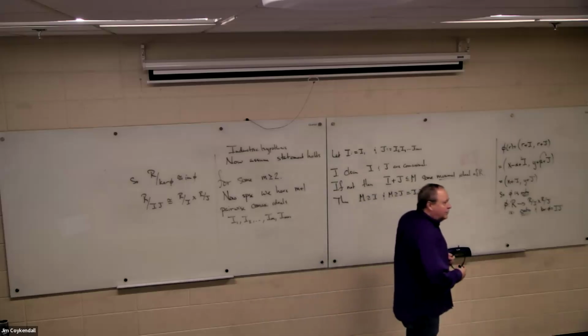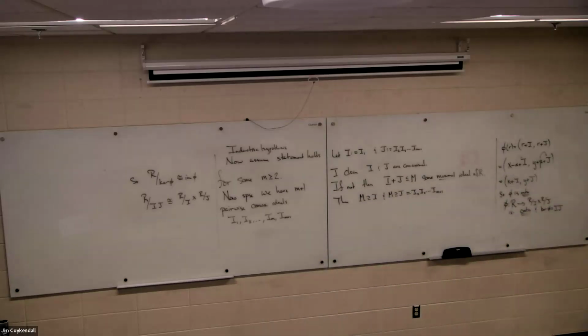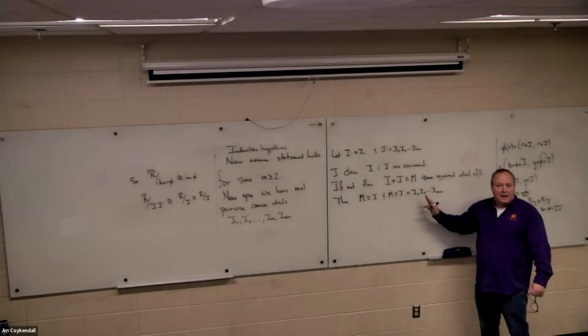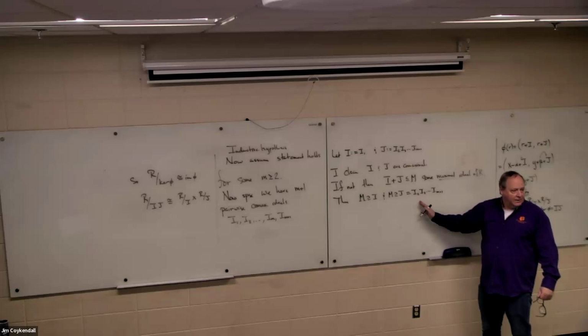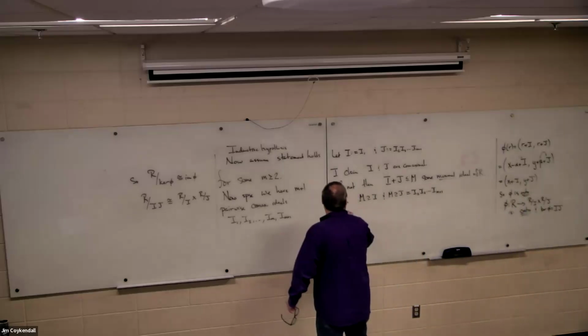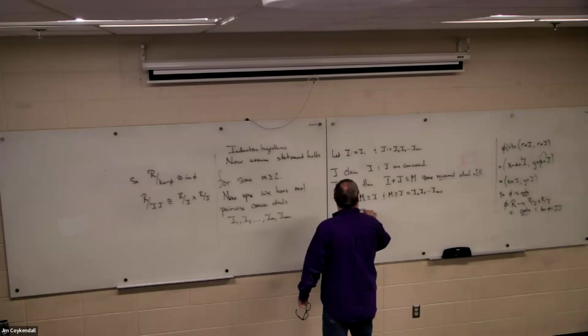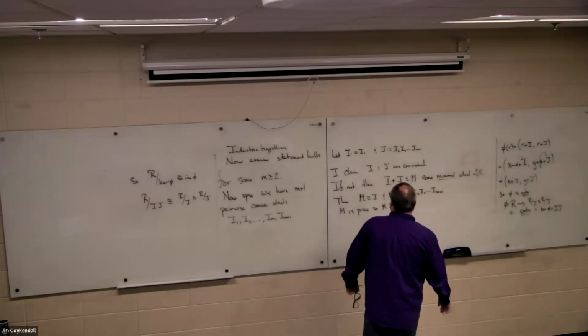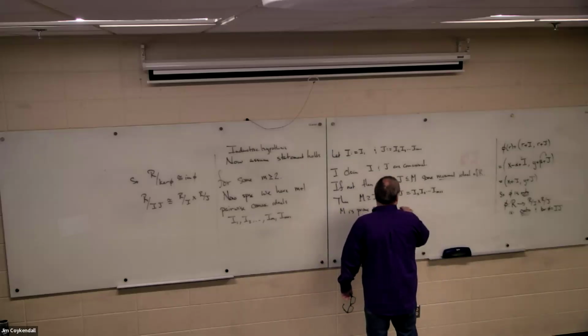Now, what's a theorem that we know about maximal ideals? A maximal ideal is also prime, right? So what you have here is M containing a product of ideals, but a maximal ideal is prime, so it must contain one of them. So M contains one. Awesome.